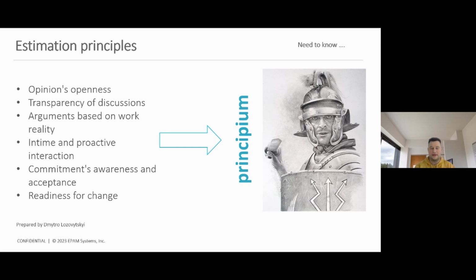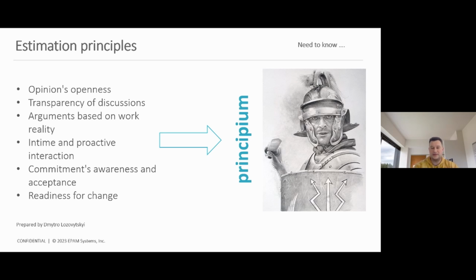But what does it mean in practice? What kind of behavior style should you use on the team level to make this process transparent, clear, and applicable in our work?